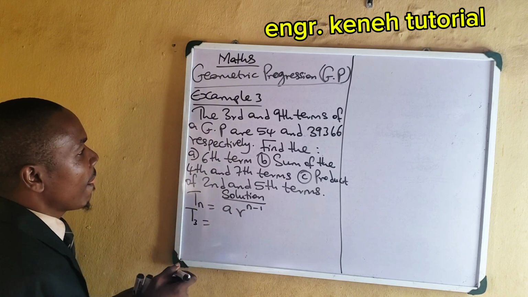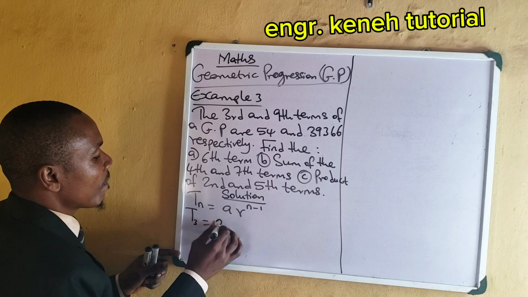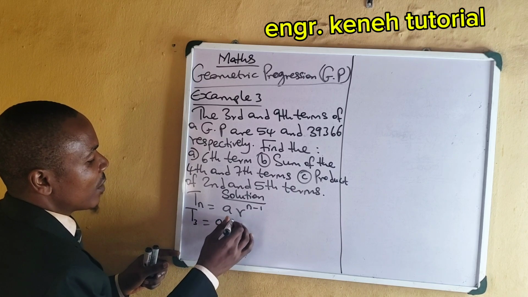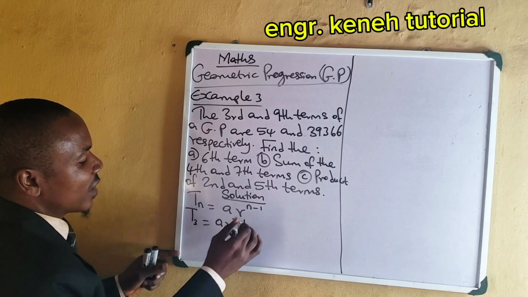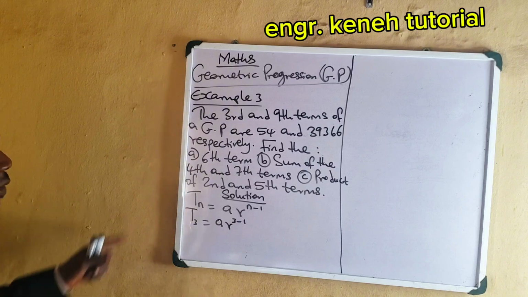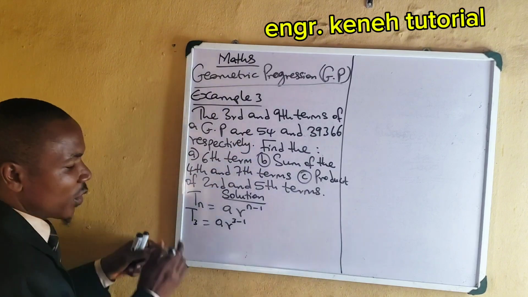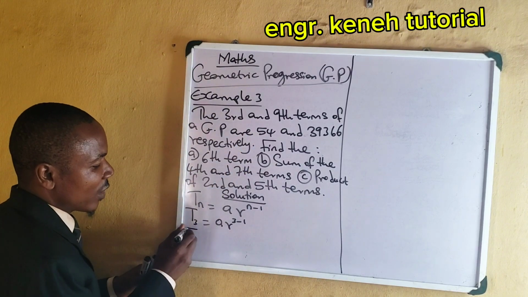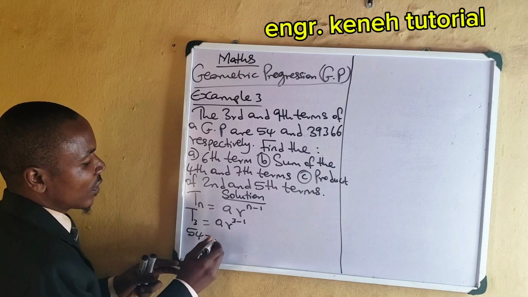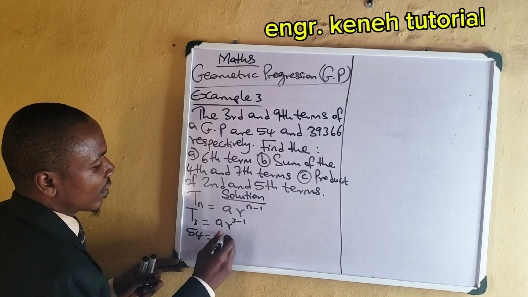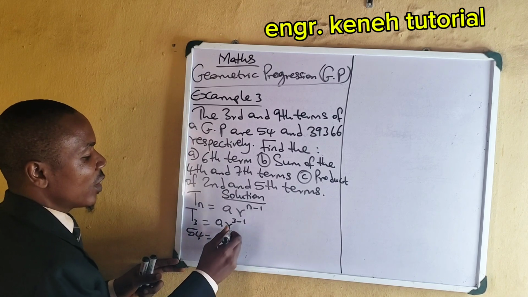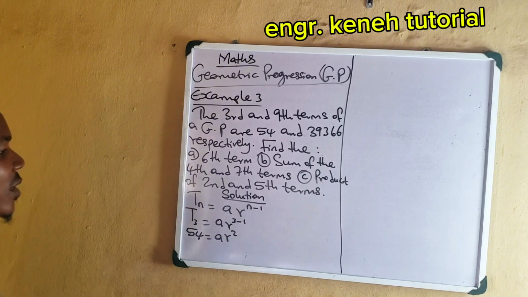Can you see that? So you have a, you have r, and the power should also be 3 minus 1. They gave us the third term to be 54, so in place of the third term, I'll write 54. Then 3 minus 1 will give me 2.